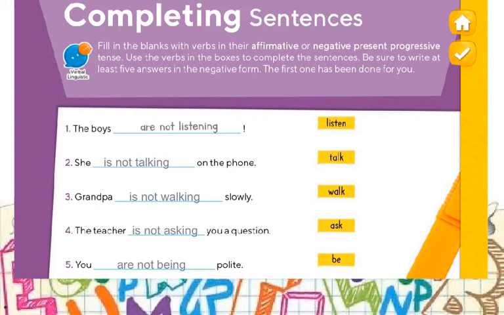You are not being polite. There you have it. These exercises are on page 84. Now you have to complete the other 5 exercises on your own. I know you can do it.